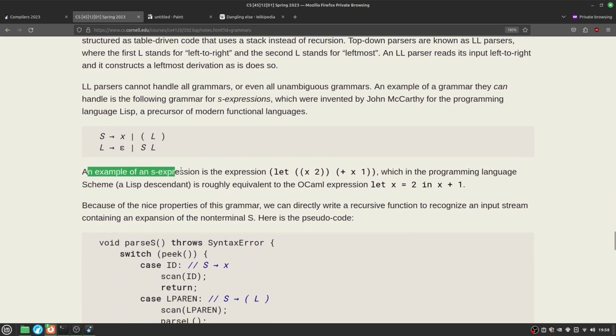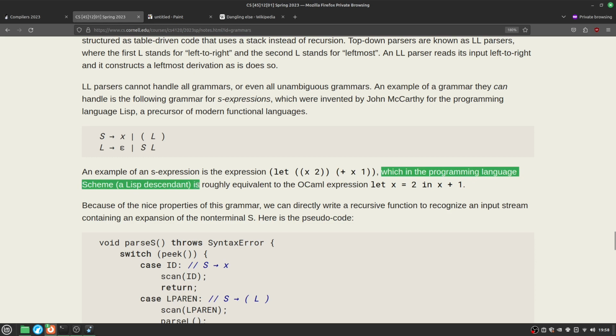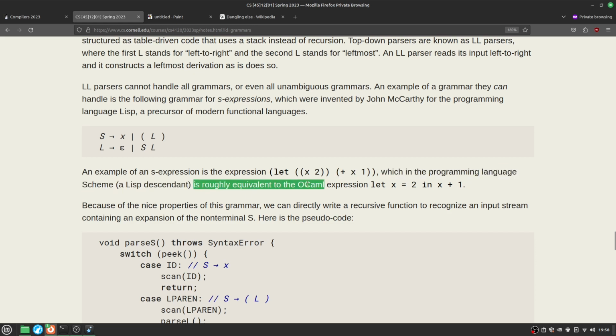An example of an S expression is the expansion let x to x plus 1, which in the programming language Scheme, a Lisp descendant, is roughly equivalent to the OCaml expression let x equals 2 in x plus 1.